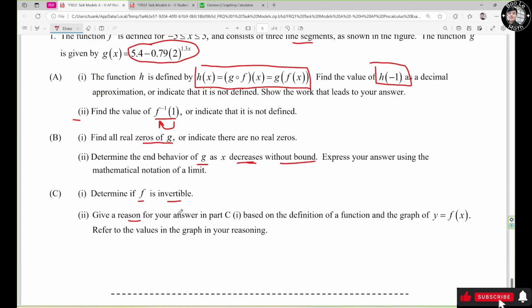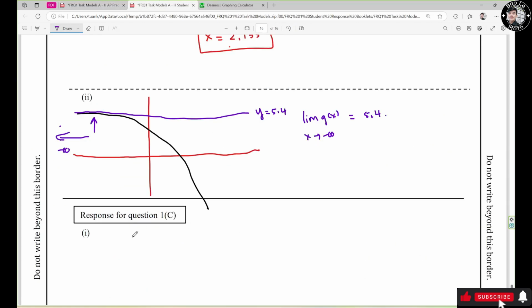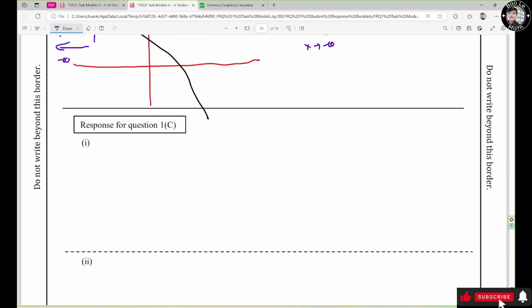Now you need to give a reason. Looking at the graph here, we need to say that each output value of f is mapped from a unique input value. Don't say because the function passed the horizontal line test. Don't say that. Keep that in mind. So right here we need to say f is invertible.